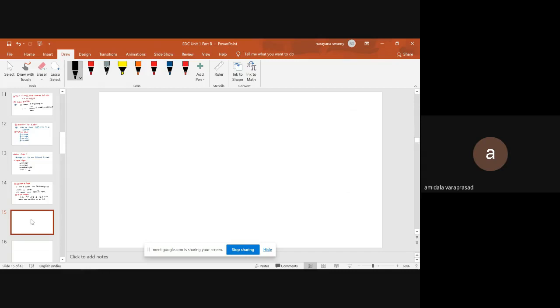This is about 2 marks questions. Now 10-mark question. See here, they can ask, explain the operation of the rectifier. I will write for half wave rectifier.